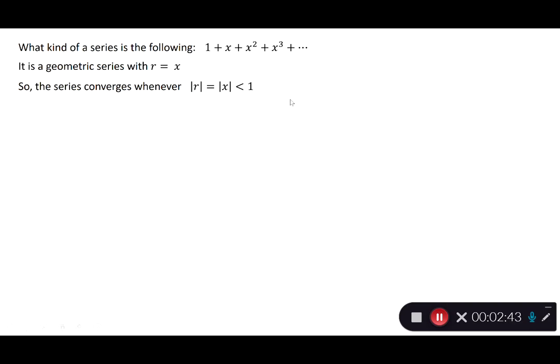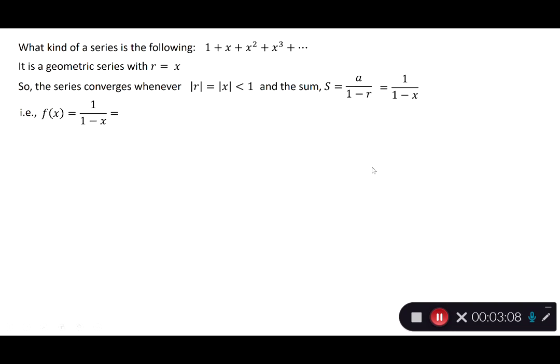R is x. So the sum is just 1 over 1 minus x. Of course, the condition is that absolute value of x must be less than 1. X cannot be whatever value it wants to be, right? As long as x is between -1 and +1, we can say that 1 plus x plus x squared plus x cubed, all of this is equal to 1 over 1 minus x.